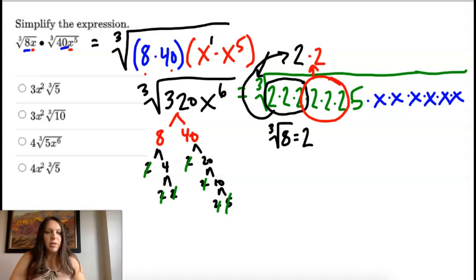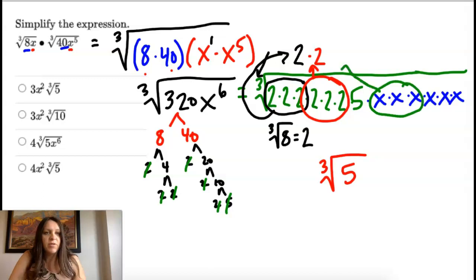And I'm still multiplying. The 5 is stuck there. I know in my answer, I'm going to have a cube root of 5. I need 3 to bring it out. Okay, so x's, I have 3 of a kind x's. So I pull those out as just one x.